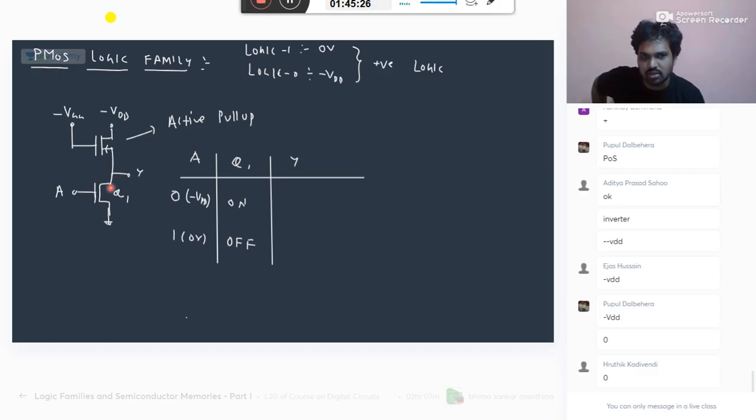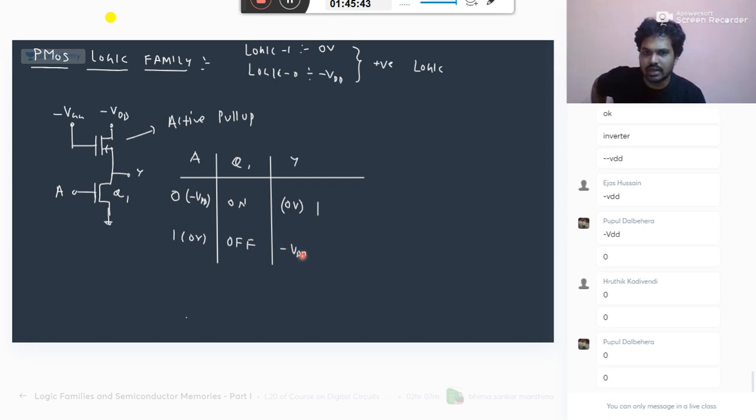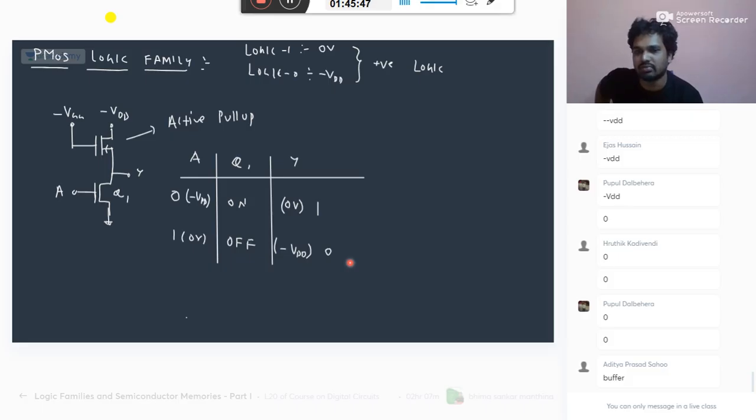So in the first case it is on. When it is on, it is a short circuit. In a short circuit, how much voltage do you get? 0 volts. But 0 volts means 1. In the second case it is off. Off means open circuited. You get minus VDD after some drop, and minus VDD is equal to 0. It's not a buffer. You give 0, you get 1.